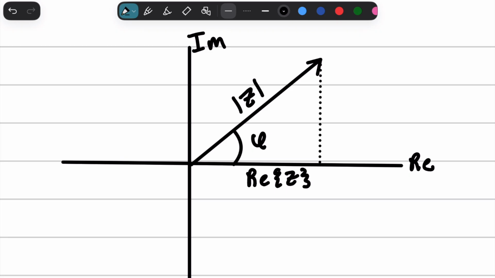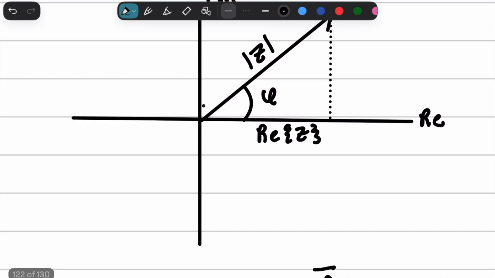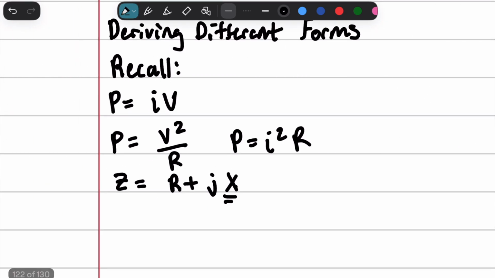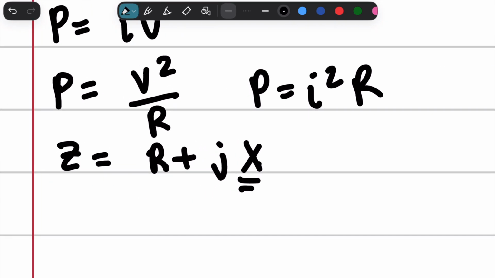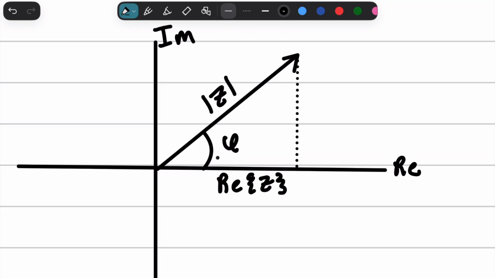And so basically what this is, we have our impedance, right? And our impedance is split between the resistive part and the inductive part and the capacitive part, right? And the total magnitude, the complex magnitude of the Z right here is going to be this vector right here, and the phi is the angle between the magnitude and the real portion.